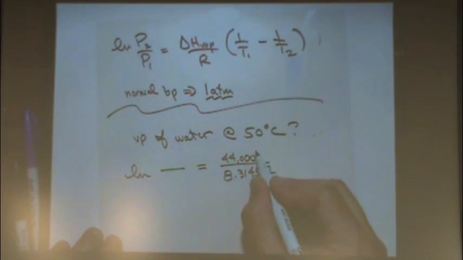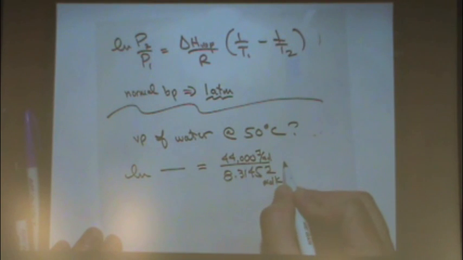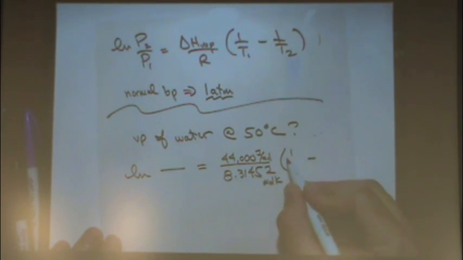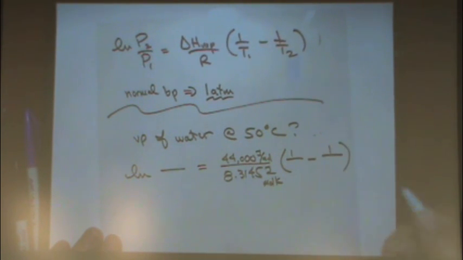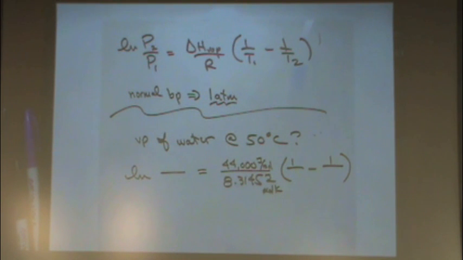You would know delta H vapor. So you would be finding P2, so you just plug everything in. Okay. What am I missing? I want the vapor pressure of water, that's fine. What else do I need to solve the problem?